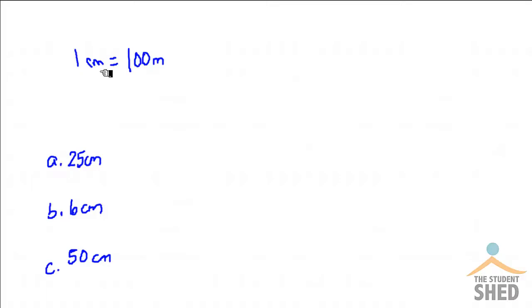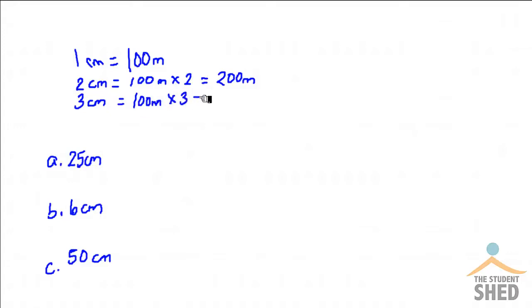Well, what I like to do to make things easy, I like to start from the beginning and say if 1 centimeter equals 100 meters, then that means 2 centimeters equals 100 meters times 2, which is 200 meters. And 3 centimeters would equal 100 meters times 3, which is 300 meters.